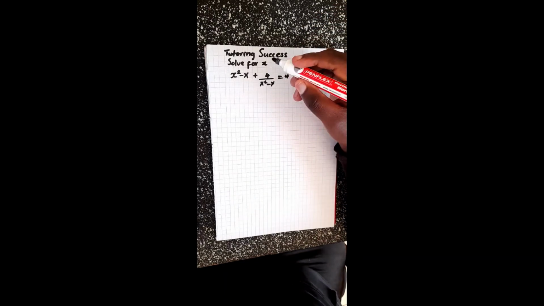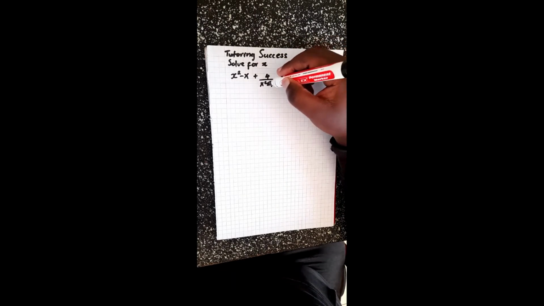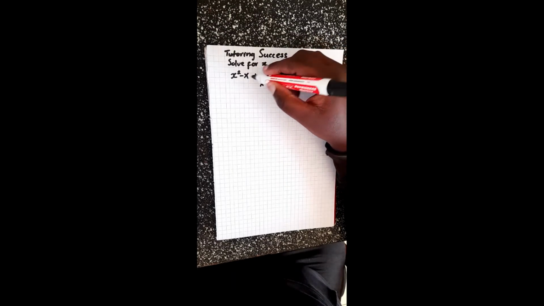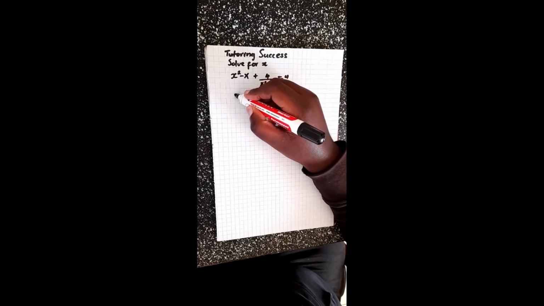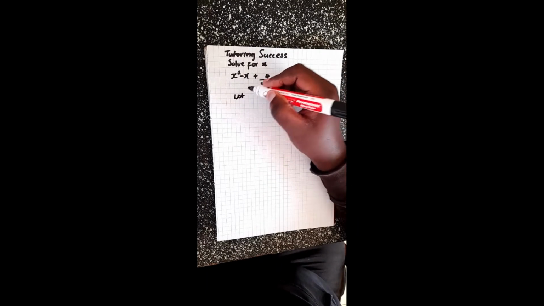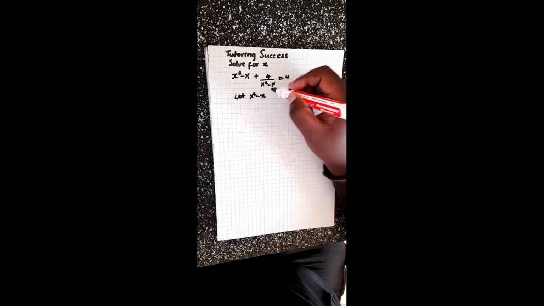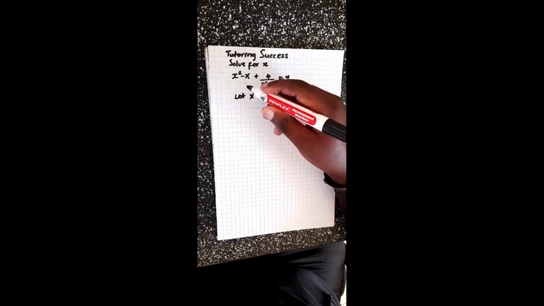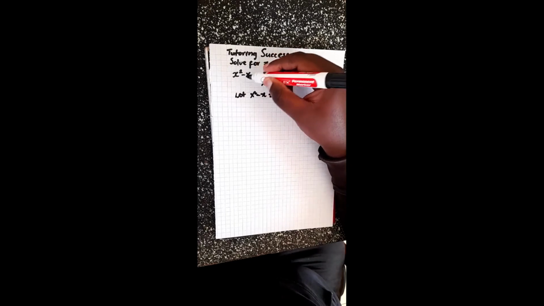So how do we use the k method? If you are given this kind of expression, you can see that this thing is the same as this thing. So you are going to say let x² − x equal k. You come back to the expression, and when you see this, you replace it with k.